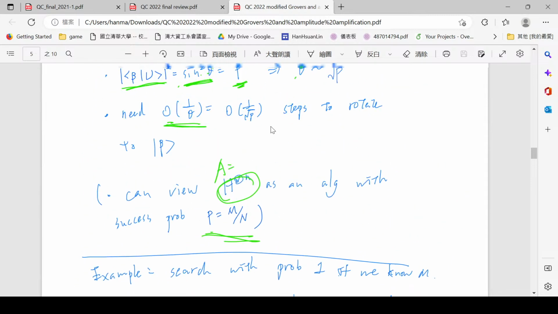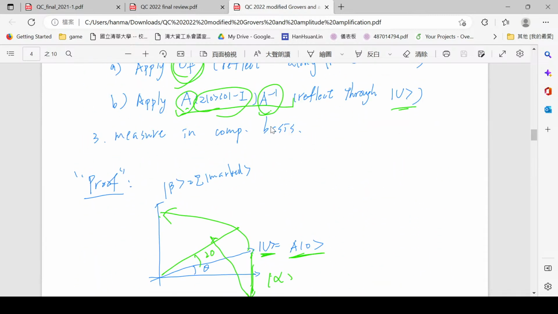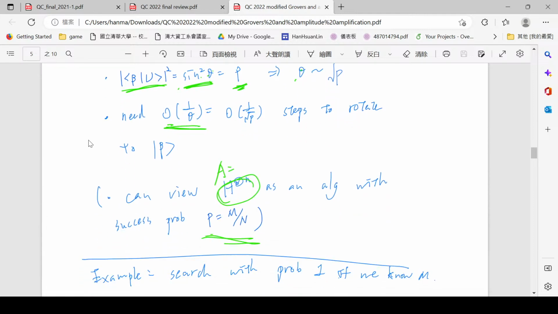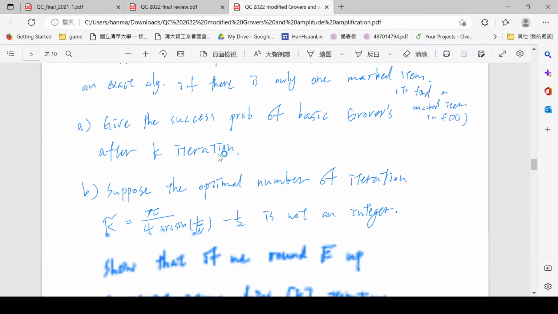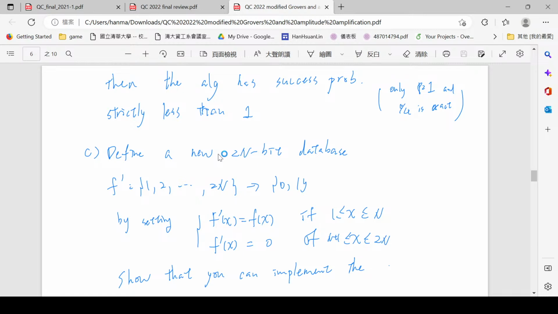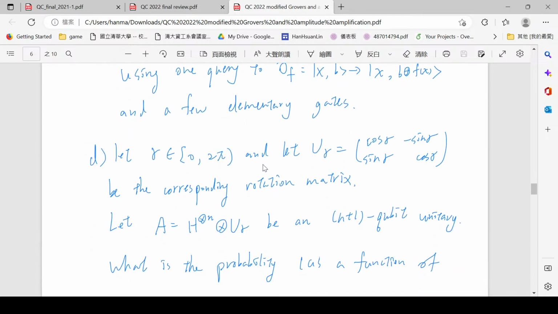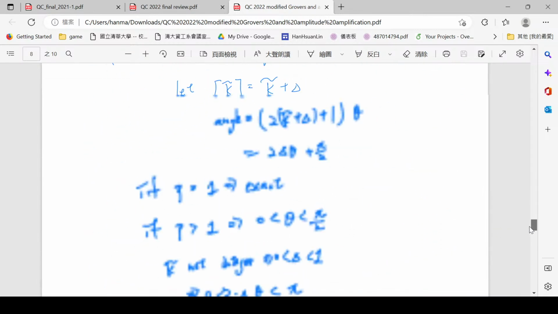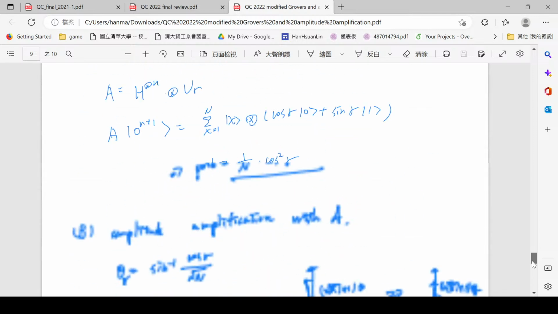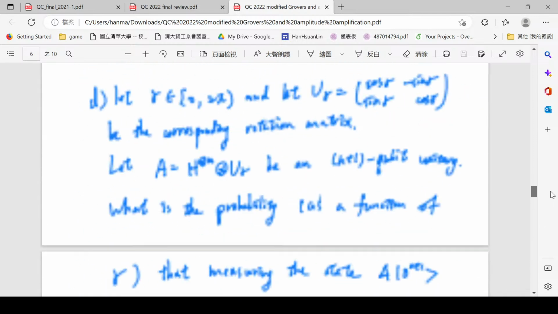But anyway, that's the amplitude amplification, and we will skip the last part of this because it's a bit annoying to go through. The calculations are here, so you can check it if you want.